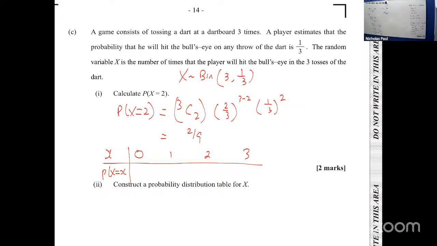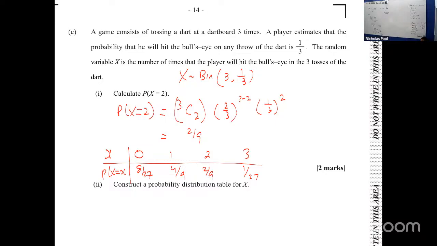That's okay. So the probability that it hit 2 times was 2 ninths. Probability it hit 0 times was how much? 1 time. And last one. Yeah. One.